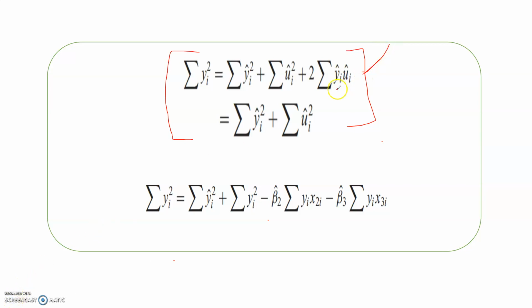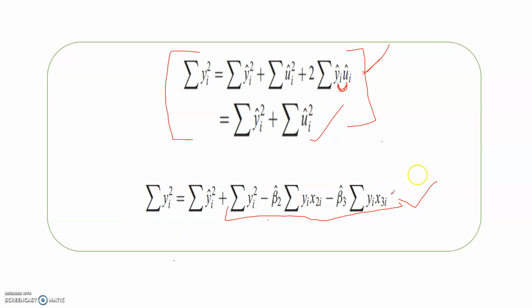But since we know that there is no correlation between y hat and u hat, we are left with just the first two terms. Okay. Now after substituting the value of sigma ui hat square here, we reach this equation. So we have just put in the value of sigma ui hat square, and this is the equation that we get.